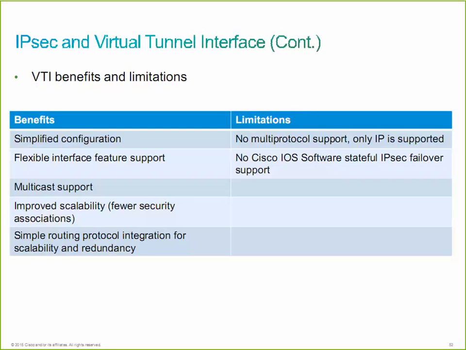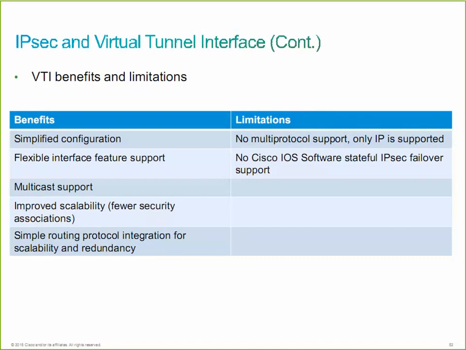We create these virtual tunnel constructs that allow us to configure IPsec peers. So the VPN configuration compared to GRE IPsec tunnels or crypto maps is much, much simpler. All right? And if you guys have the opportunity to configure each of these, you would see the difference.